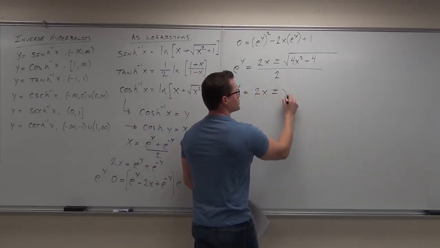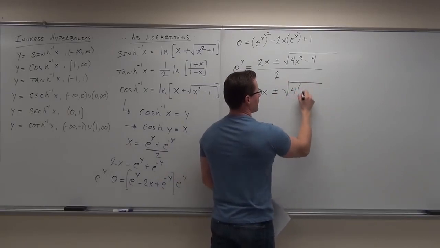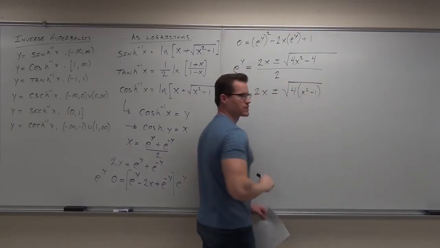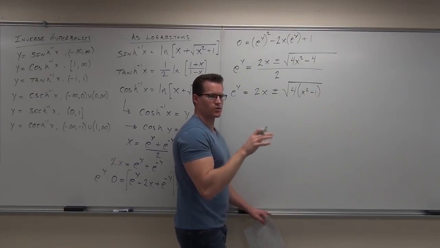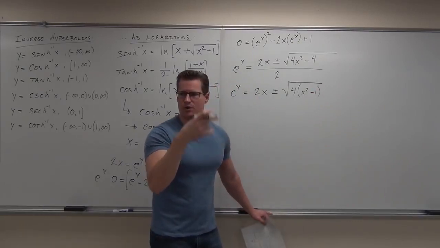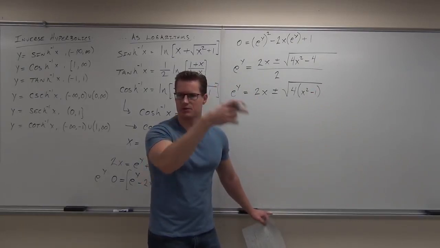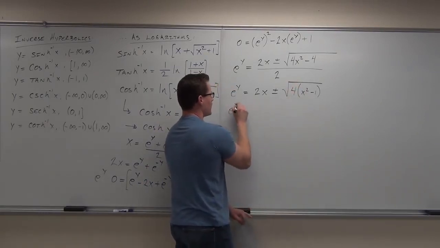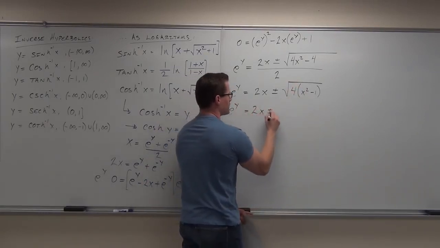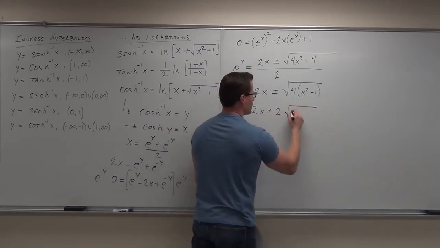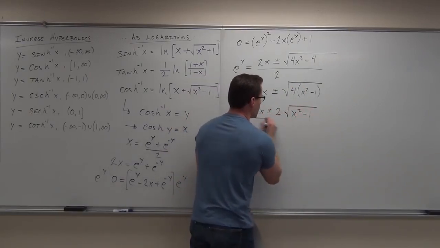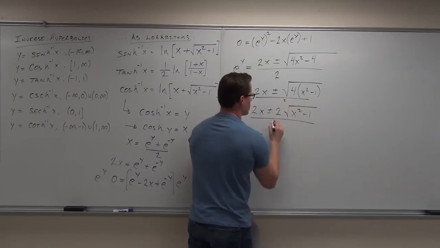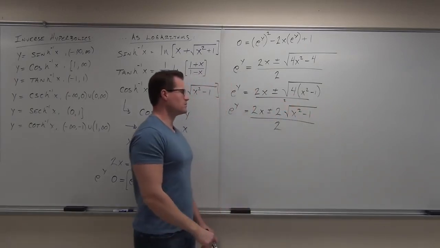This is going to be the square root of 4x squared minus 1. You see it? Square roots work like this. When you have products, you can take the square root of the first factor times the square root of the second factor. So the square root of 4 is actually 2. So e to the y equals 2x plus or minus 2 square root of x squared minus 1. All over, I've got my 2, all over 2.